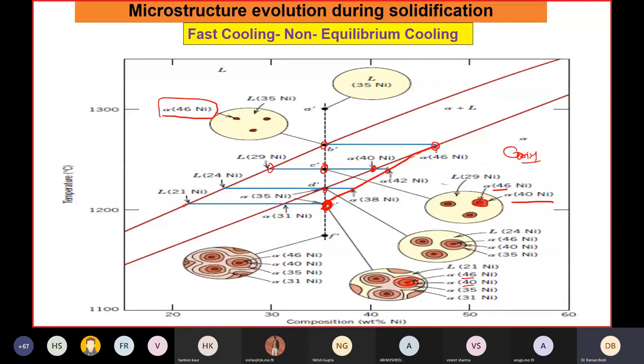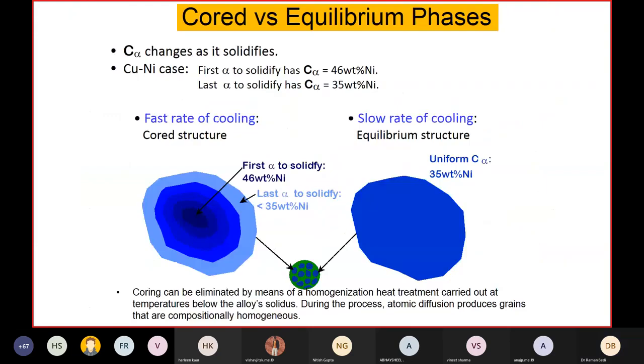Okay, so this is the problem with what we call non-equilibrium cooling, and we will see it not in this context, but maybe in the context of the iron carbon diagram later, what is the problem with the coring that is happening because of the fast rate of cooling.